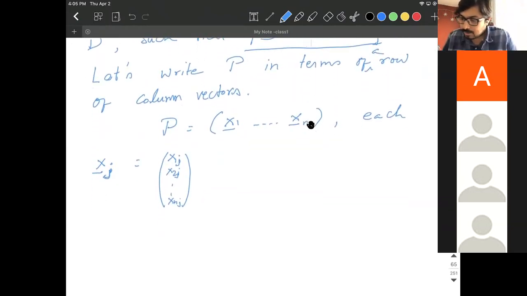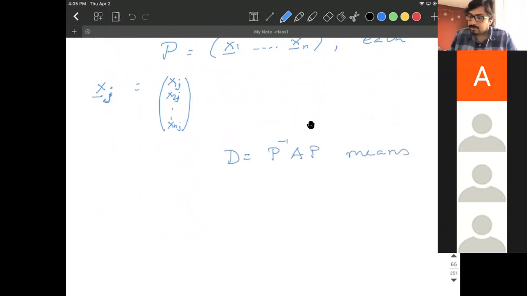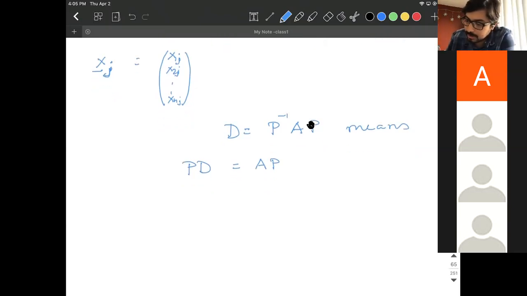Now D equals P inverse AP means that if you multiply with P from the left, what you get is PD equals A times P. Let's write down what A times P means.